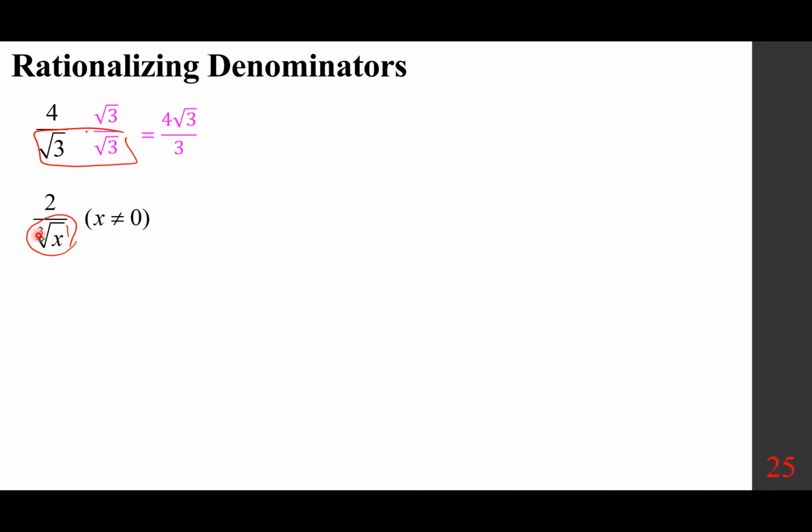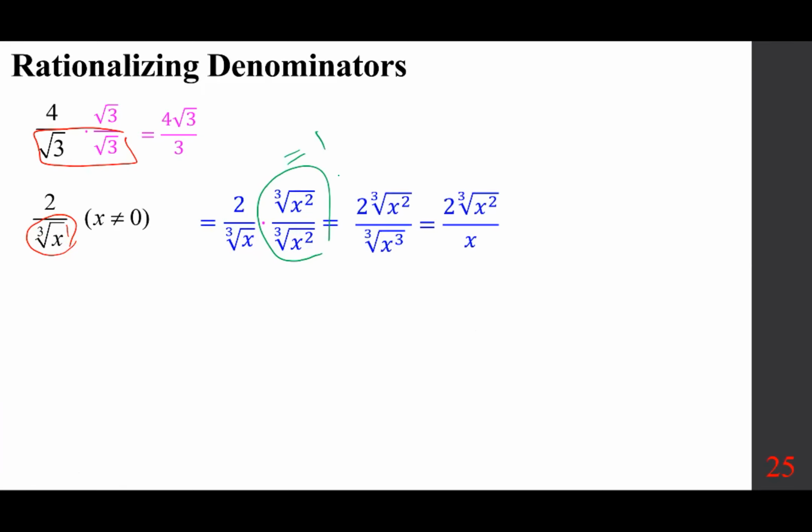So you multiply by cube root of x squared or it doesn't work. Why x squared? Because the product of these two is x cubed. So cube root of x cubed is x. And the top doesn't change. But please understand this fraction must be 1. And it is. And this is x and it comes out. So it's very important to see what you multiply by.